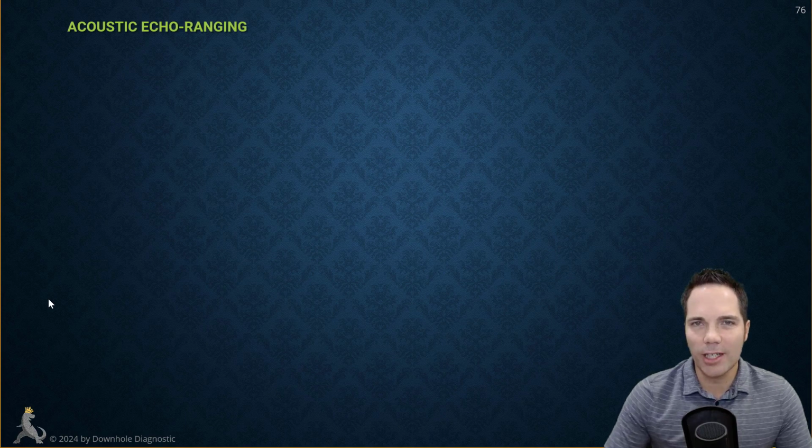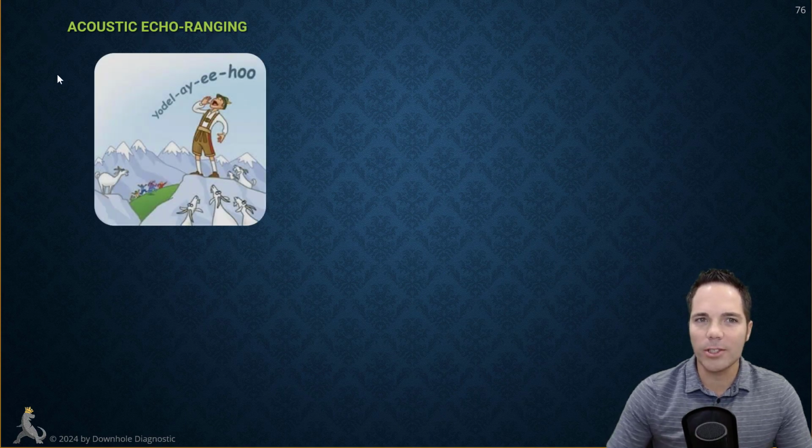Taking a fluid level shot to determine the depth of the fluid level is known as acoustic echo ranging, okay? Because we're determining how far something is, ranging the distance of it by using an echo, getting a reflection off of it. And this is quite similar to where, let's just say that you were a Swiss goat herder, okay, and you're on the Swiss Alps, and you're doing a little yodelay, yodelay, yodelay, hoo.